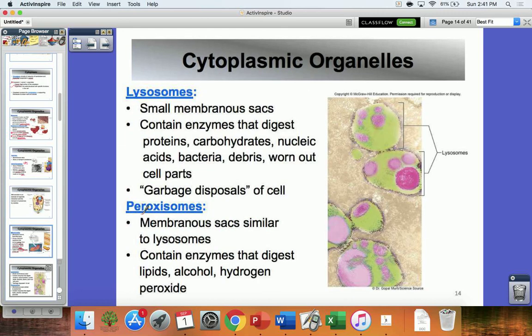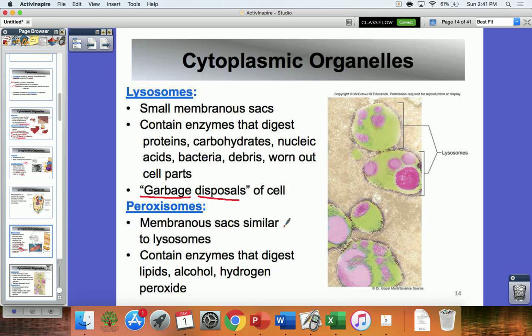Next, our lysosomes. Like to think of the lysosomes as being the garbage disposal, which means that they're getting rid of any type of waste, anything that needs to be disposed of, whether it is a cell that's no longer working or cell parts that are no longer working, anything that needs to be digested, bacteria that may need to be digested.